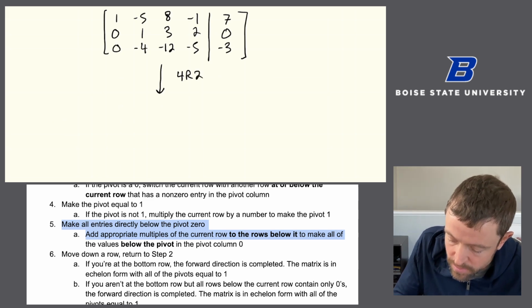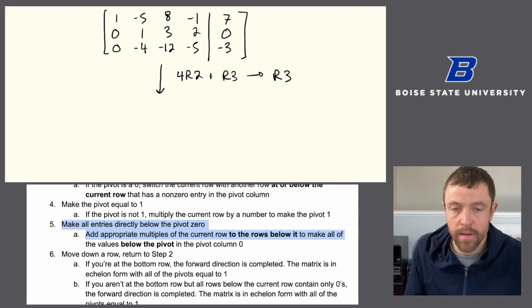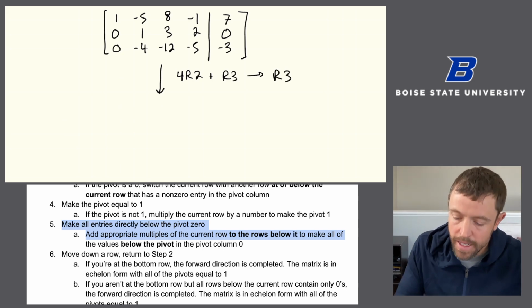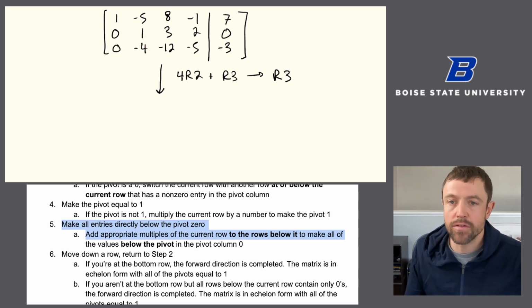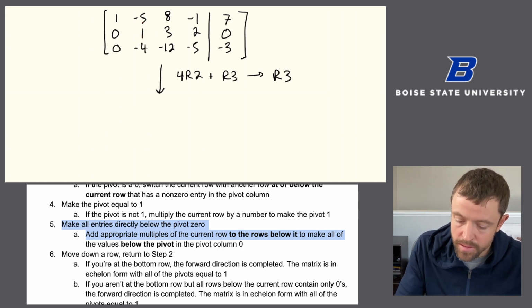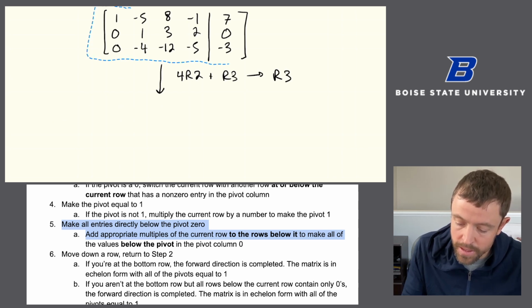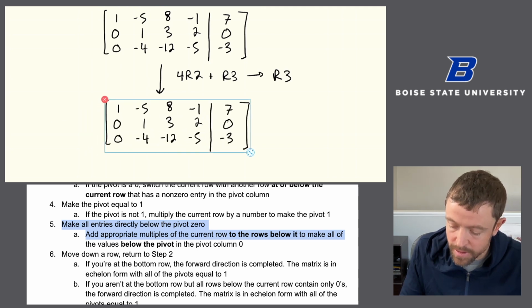Doesn't really matter. 4 row 2 plus row 3, replacing row 3. And the idea here is that I'm trying to get rid of this minus 4. I want to make all of the entries below the pivot equal to 0. So again, we'll copy and paste, or if you have to write this out on paper, just carefully copy everything but that third row, because that's the one that's being replaced.